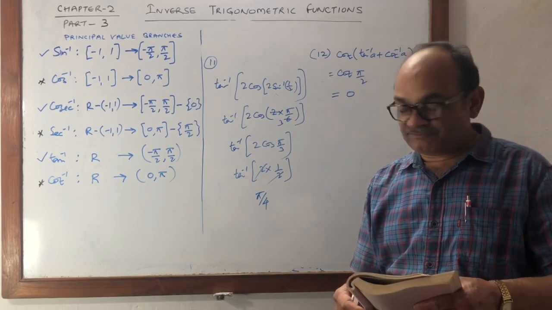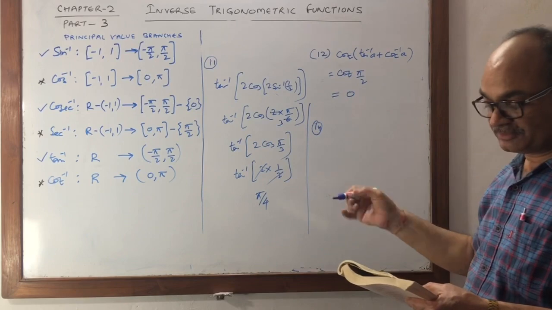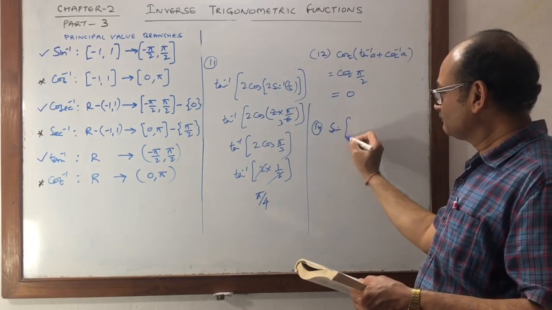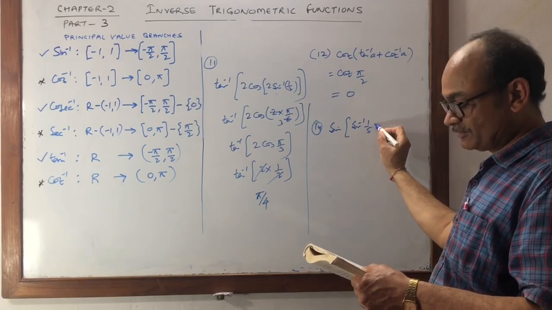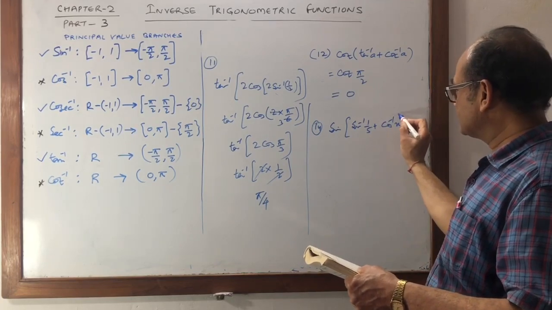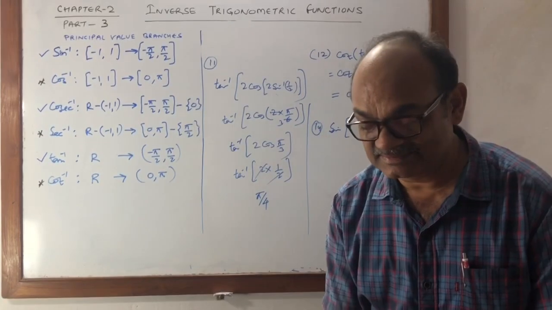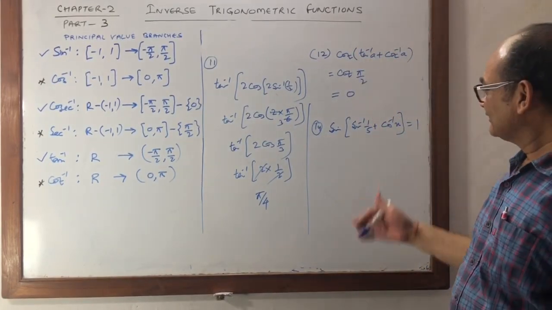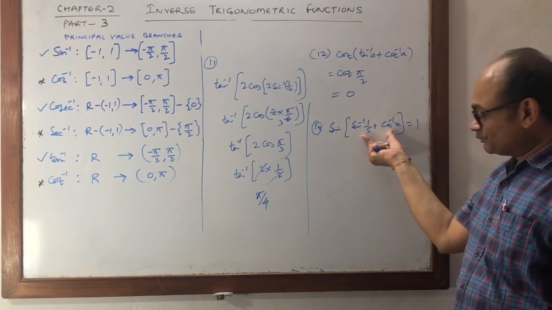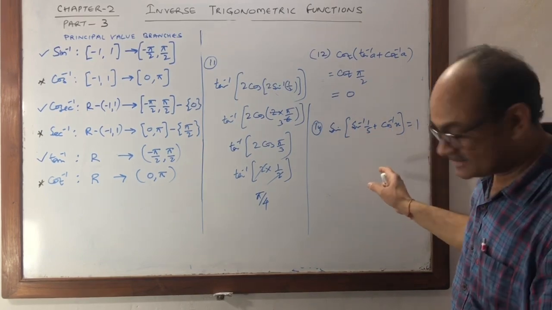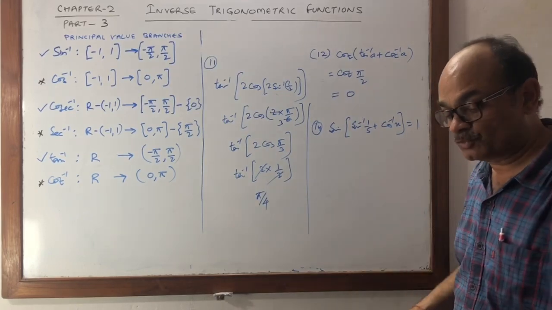One more question, 14th objective question. If sin inverse 1 by 5 plus cos inverse x equals 1, then find the value of x. Simple one mark question. The right hand side equals 1.